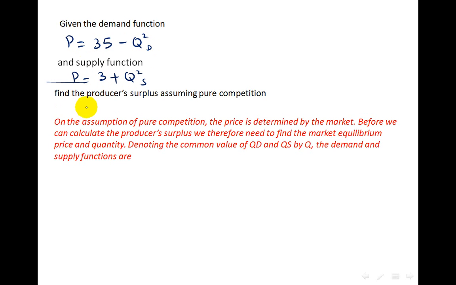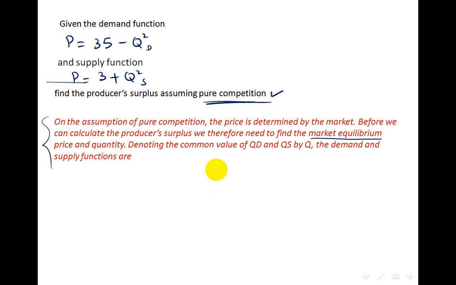So you're asked here to find the producer surplus, assuming pure competition. Okay, here I gave you a note on what pure competition is. On the assumption of pure competition, the price is determined by the market. Before we can calculate the producer surplus, we therefore need to find the market equilibrium.